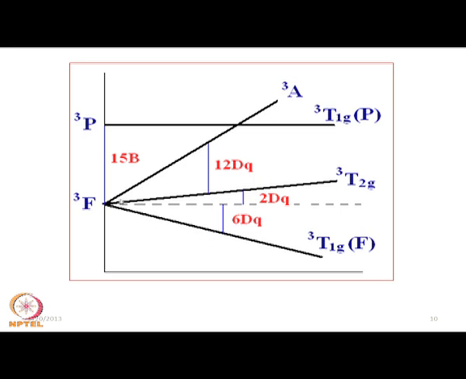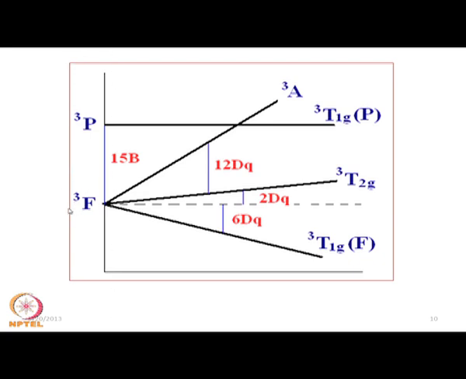In the Tanabe-Sugano diagram, the x axis represents the change in the crystal field strength. As we increase the crystal field strength from left to right, the energy for this particular term is also changing, and we have the energy of these different states on this axis.